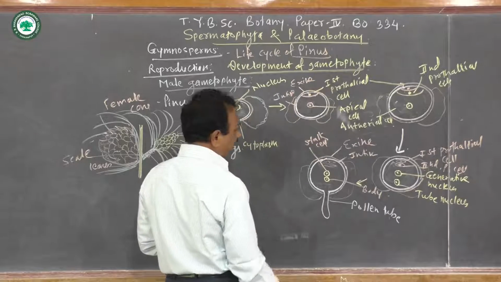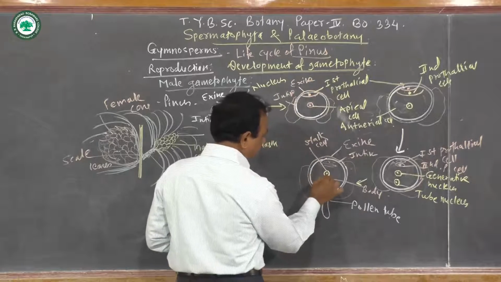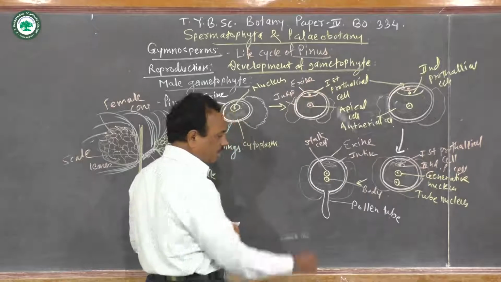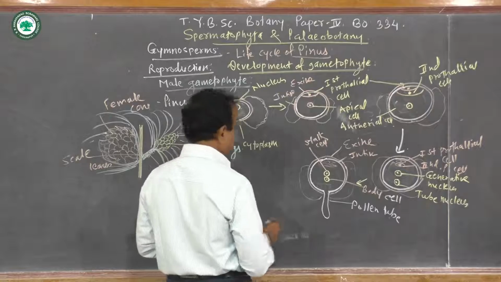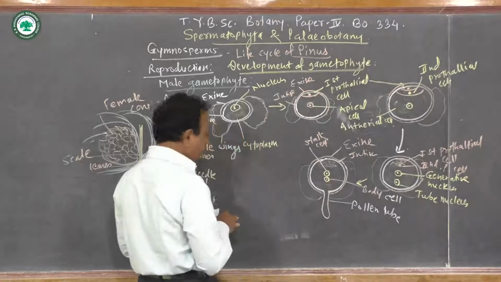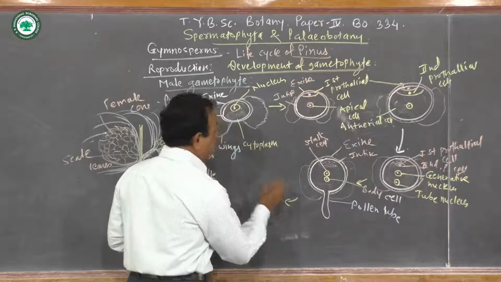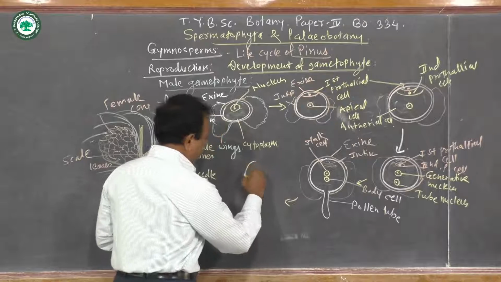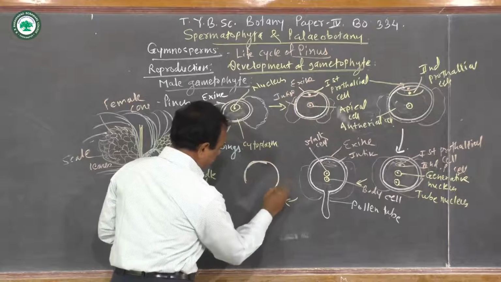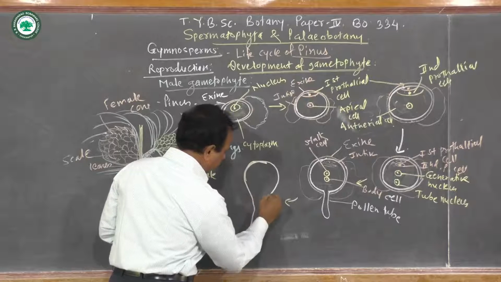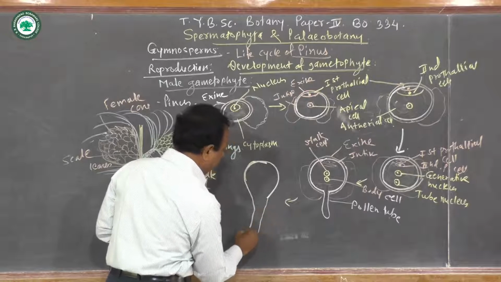Then this body cell or body nucleus later on undergoes division, and the pollen tube becomes enlarged in size.